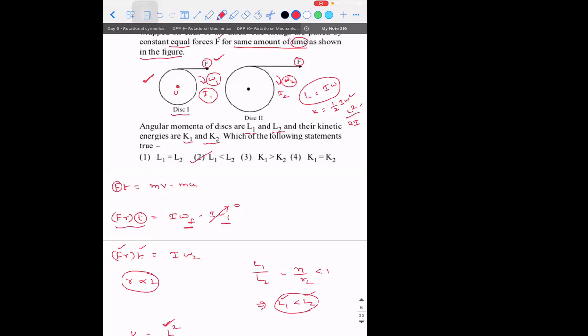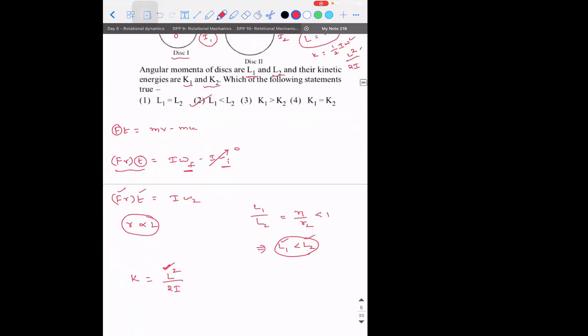Second one will have more. So what is happening is angular momentum of the second is more, and moment of inertia of the second is also more. Here, the adjustment will take place in such a way that this value will be a constant. L square will increase, and I will also increase in the same proportion, so that K will be equal. That's what is going to happen here.